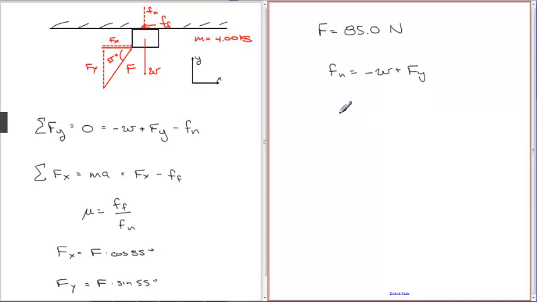And that's equal to minus W, which is the mass times acceleration due to gravity, plus F sub y, which is F times the sine of 55 degrees.